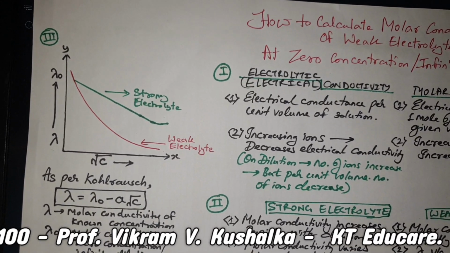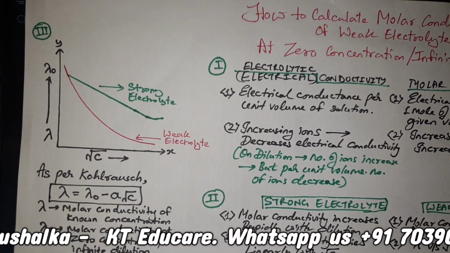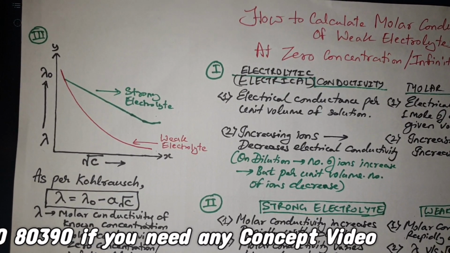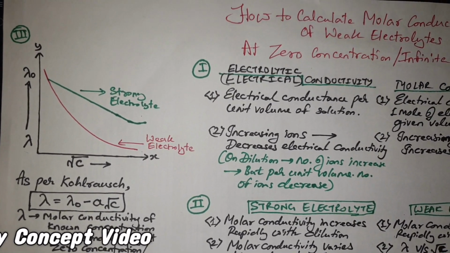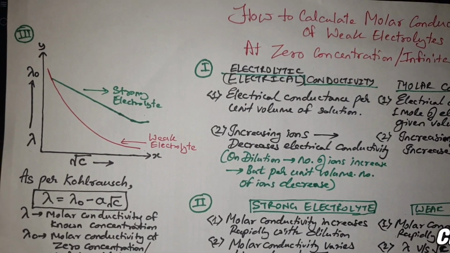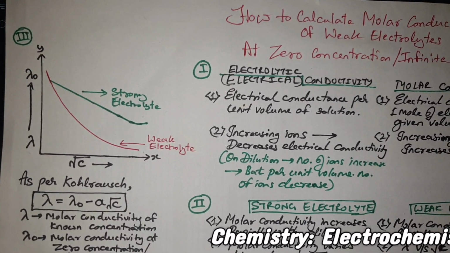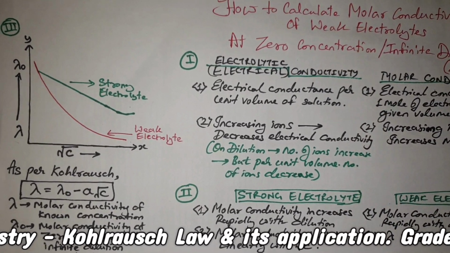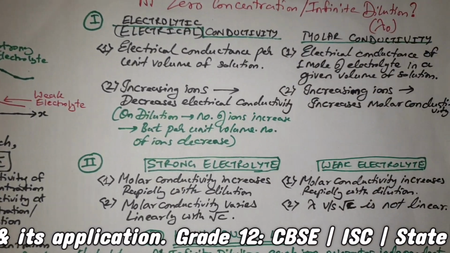Kohlrausch stated that the molar conductivity versus square root of C is a linear graph for a strong electrolyte, whereas it is not a linear graph for the weak electrolyte. Now why is that? Very simple.